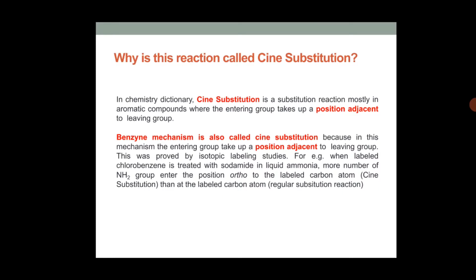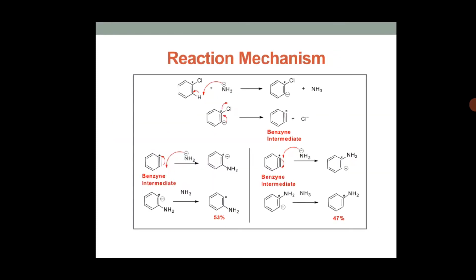Let's look at the isotopic labeling study. This is an experiment in which the chlorobenzene is labeled at this carbon atom. You can see it is marked as a star, so the labeling is at this carbon atom.